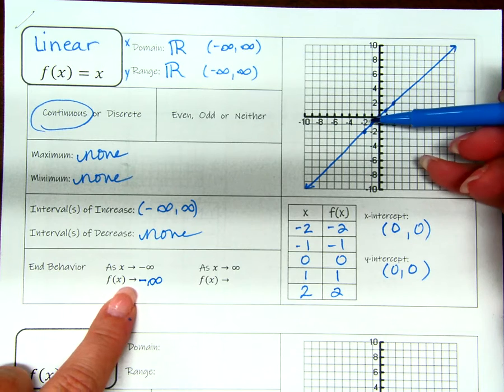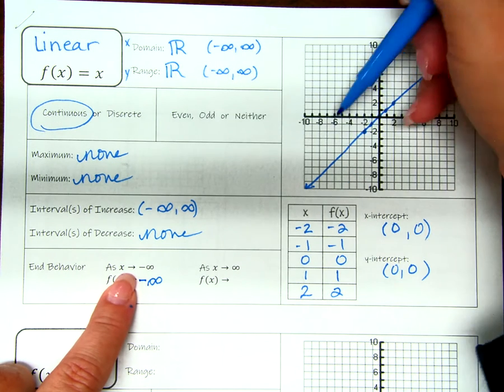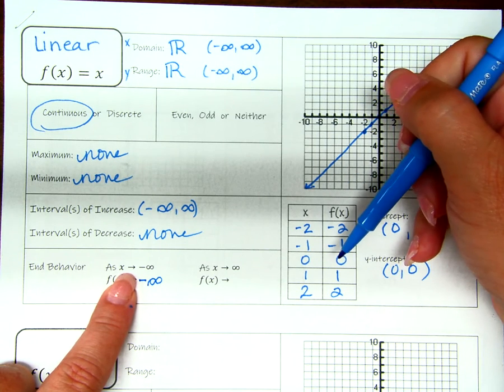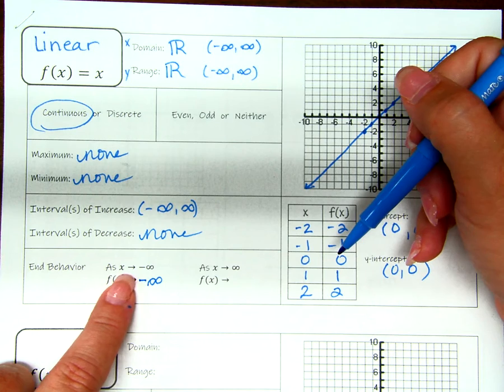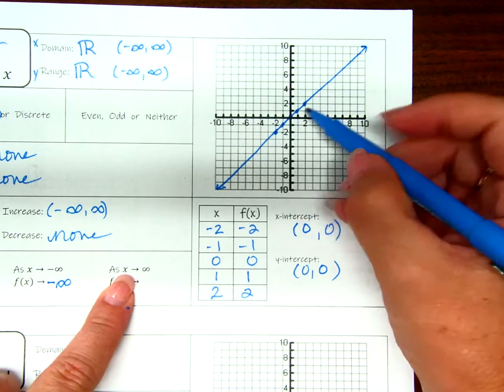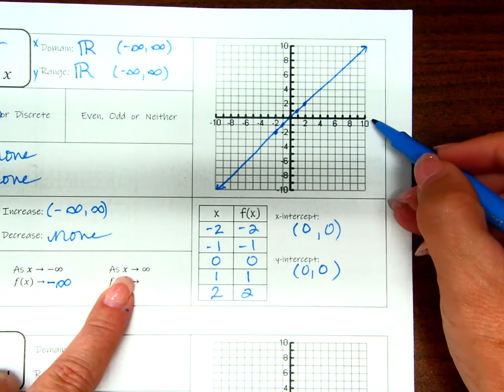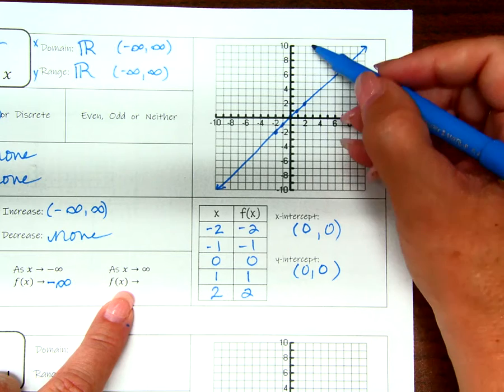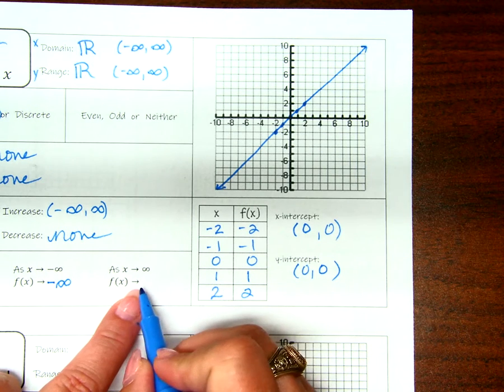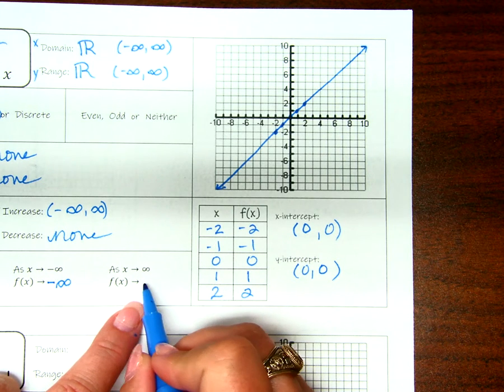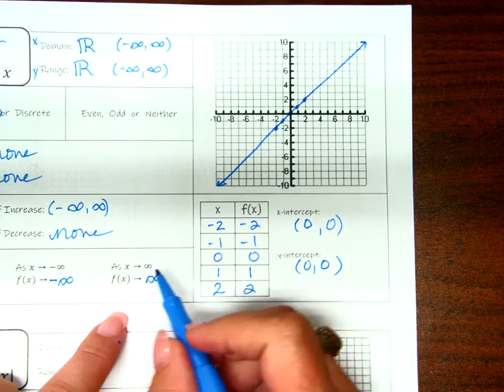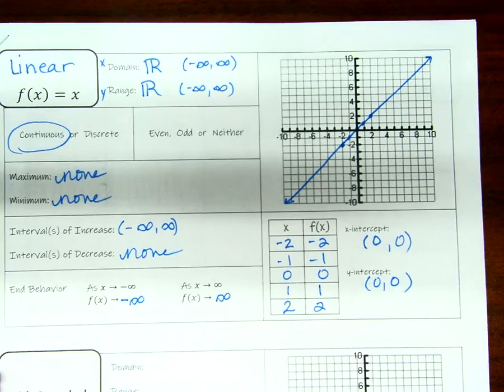As my x's are decreasing, my y's are decreasing. Does that make sense? Okay. As my x's are increasing, what is happening to my y's? They are all increasing, so what am I going to write right here? Positive infinity or just infinity. Okay.